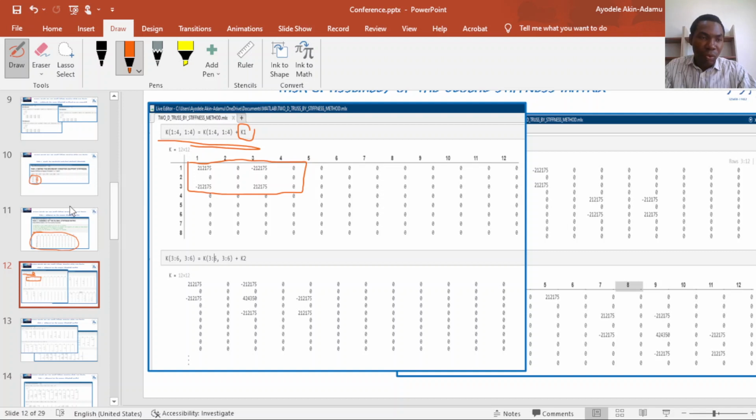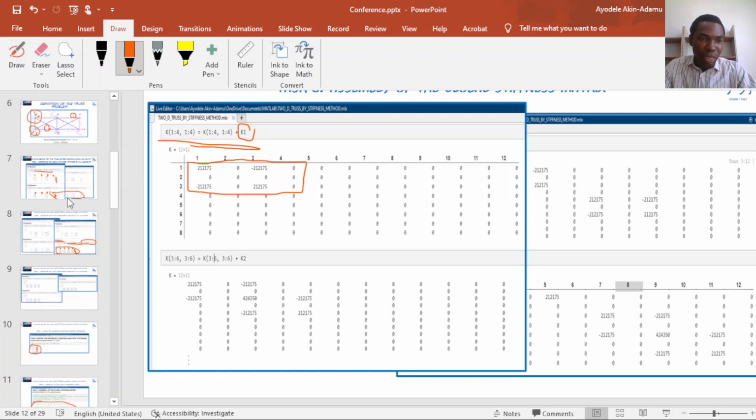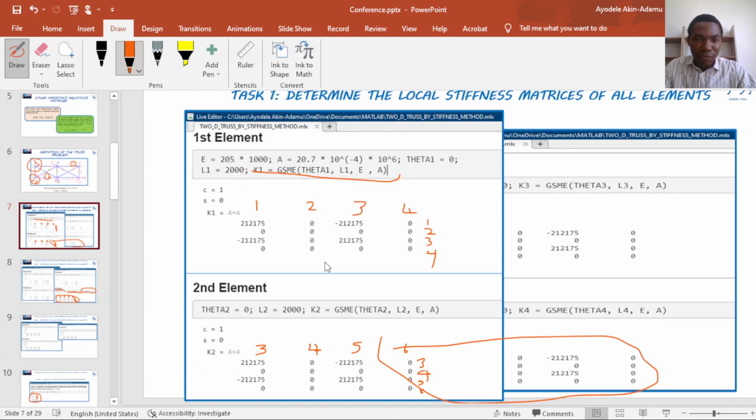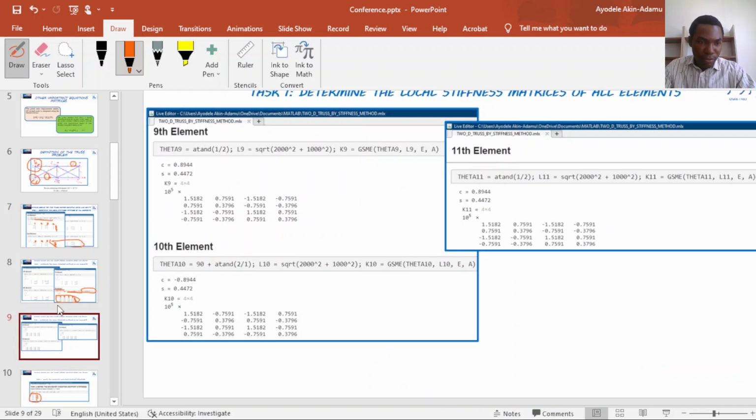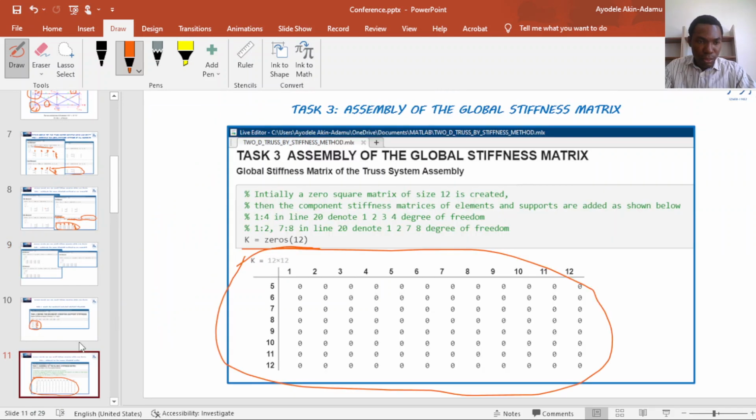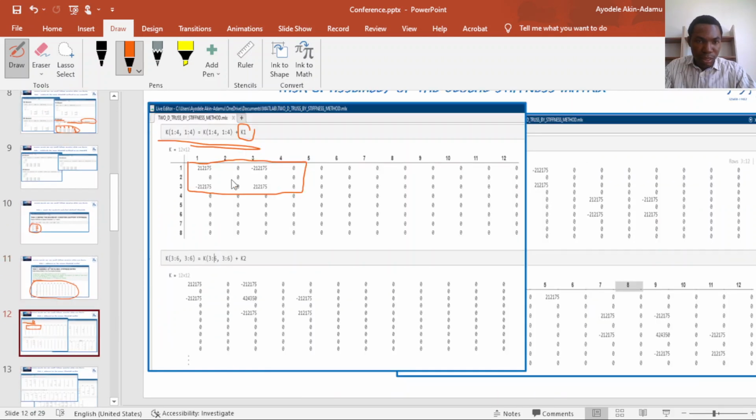So you can see our K1 matrix is defined by this. You can see at column 2 is 0, 0, at column 4 is 0, 0. So if we check what we added, you can see column 2 is also 0, 0, and column 4 is also 0, 0.